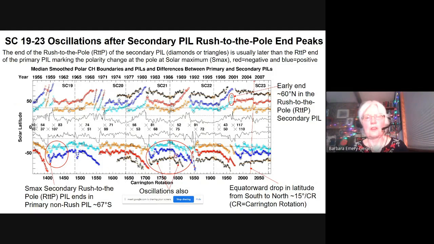We see oscillations in the coronal hole boundary, which seem to mimic the primary coronal hole oscillations. And we see this is very unusual. This is an early end to the rush to the pole in the secondary pill. So it actually peaks before the primary does. It's the only time in the 5 solar cycles that it does.